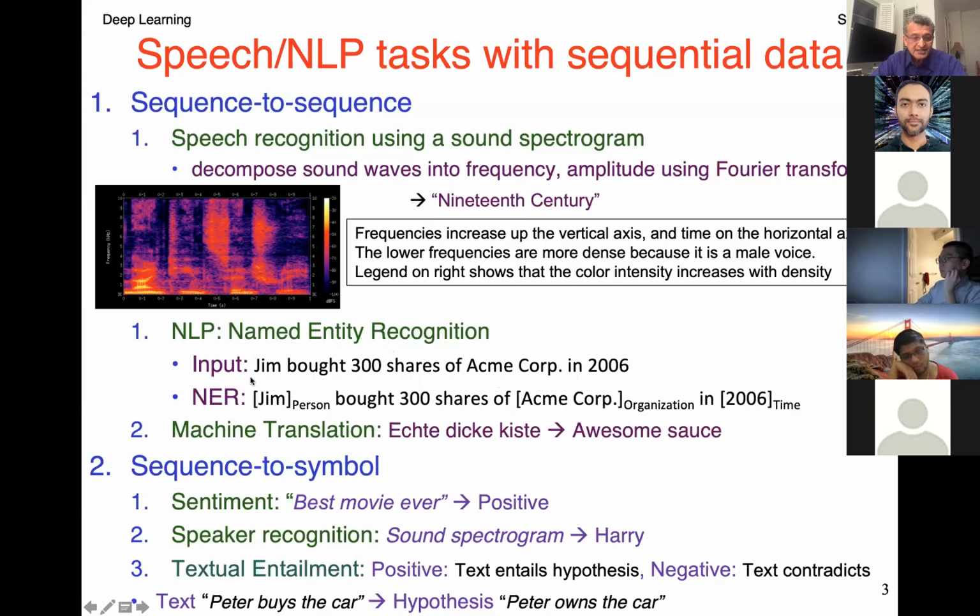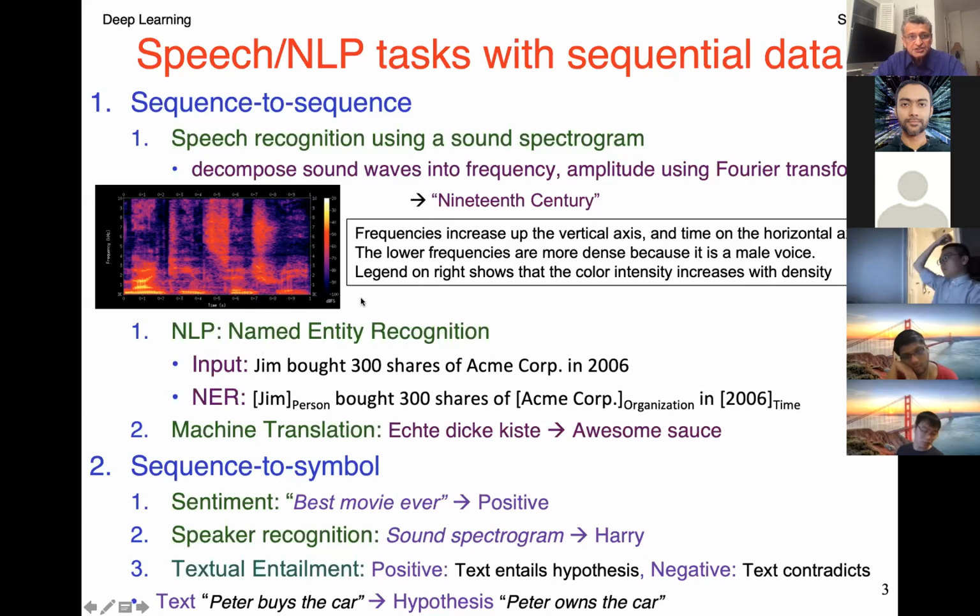You would recognize that Jim is the name of a person, Acme Corp is the name of an organization, I guess a company, and 2006 is some point in time. So named entity recognition is to be able to name what kind of entity some of these items are. May not be all, but these are like proper nouns, right? Jim and Acme Corp, and so on.